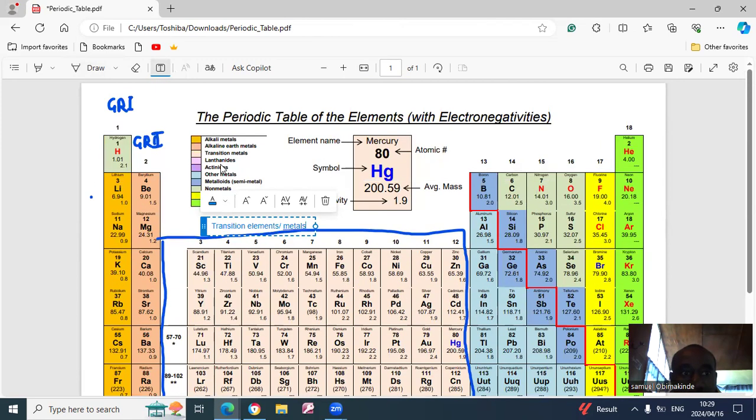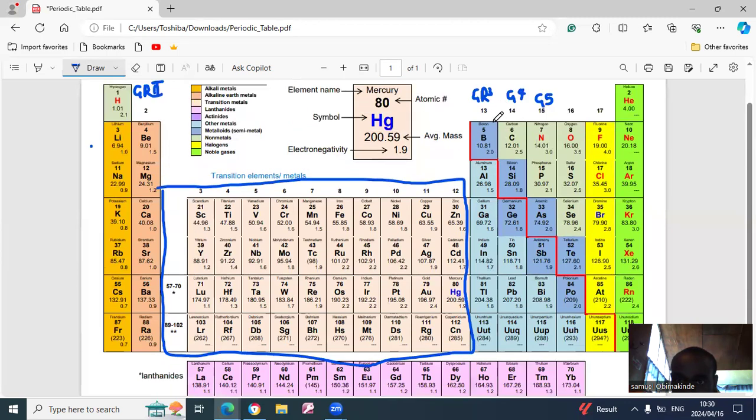So now the grouping continues here. Here you have group 3, but here they said it's group 13. Never mind, this is group 3. So here I will just use G for group. This will be group 4. This will be group 5. So the elements in this vertical block will be group 3. The elements here will be group 4.